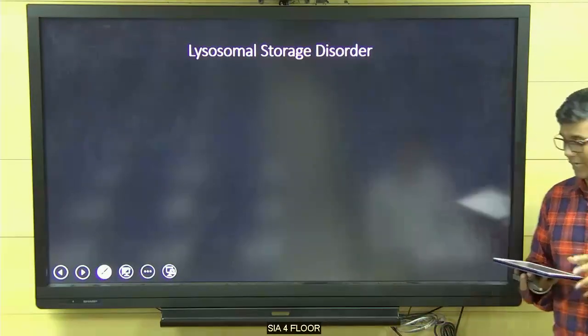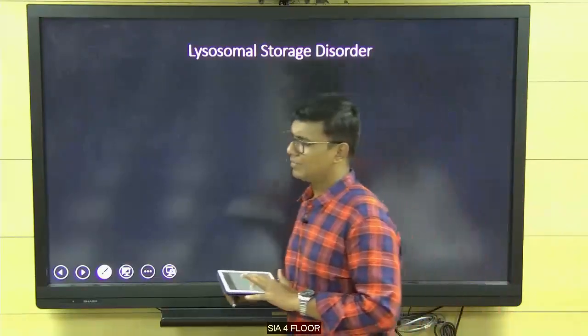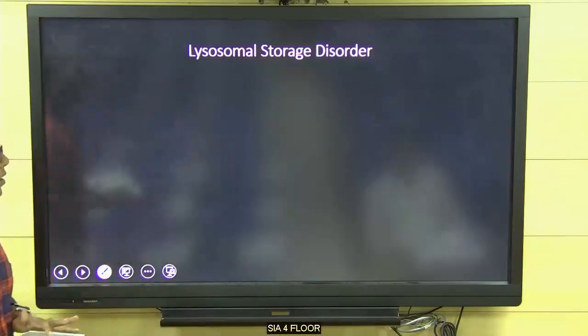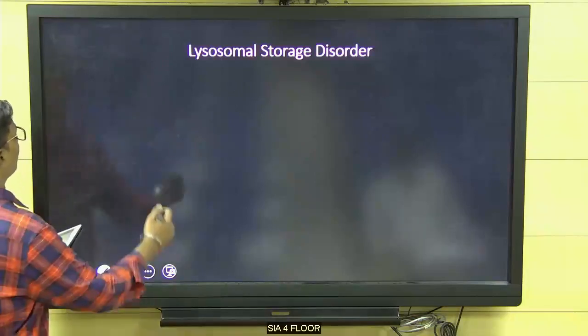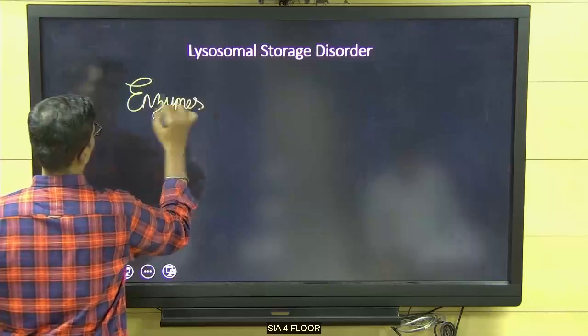Yes, lysosome is related to the destruction or digestion of cells, and there is an enzyme disorder called lysosomal storage disorder. This is an extremely rare disease, and a lot of children in India are affected by it, which means they don't have the enzymes that digest the cell.